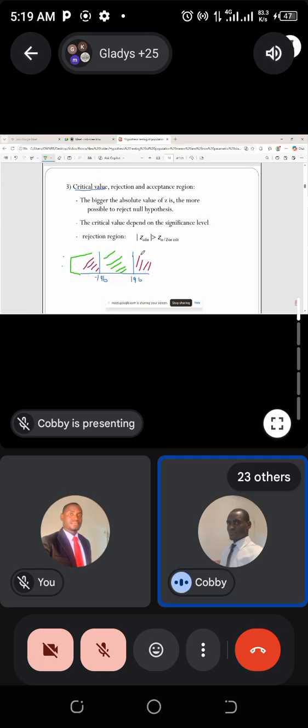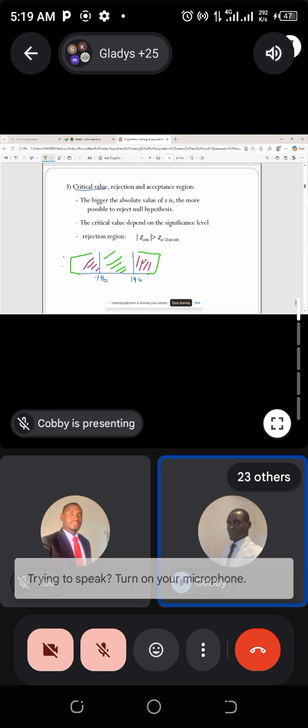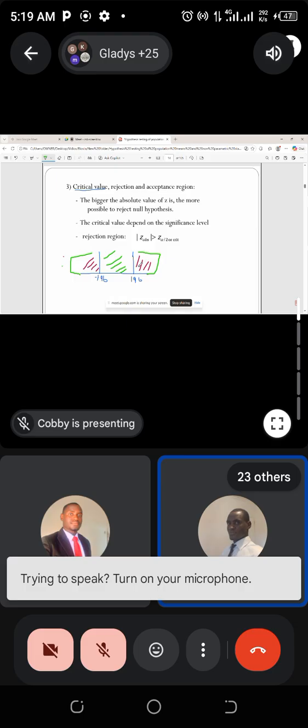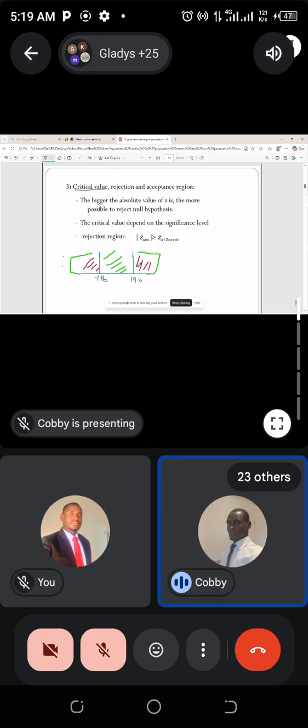If we find that the test statistic falls within these red regions, greater than 1.96 or less than negative 1.96, we are going to reject the null hypothesis.